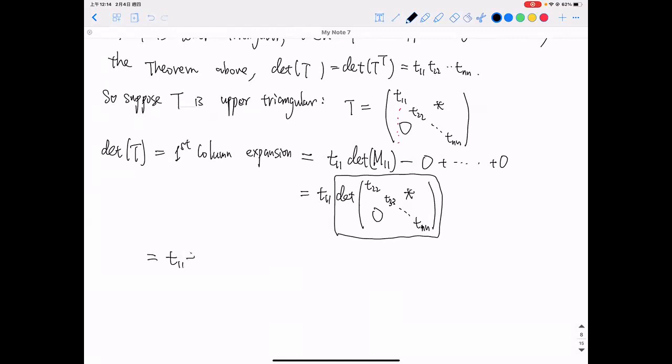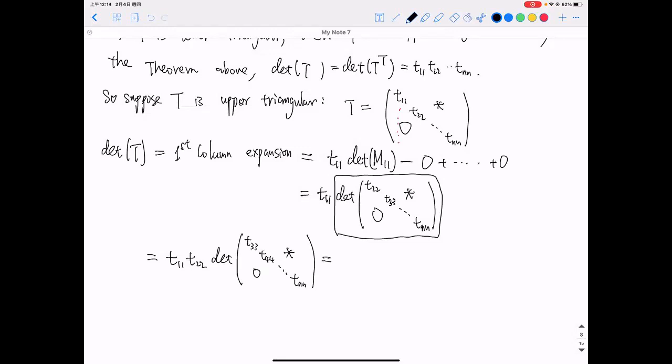That will give you T22 times the determinant of another matrix, with 0 down here. And all the other terms vanish, because you're computing along the first column, and there's only one possibly non-zero entry on the first column, so you only get one term in the first column expansion.